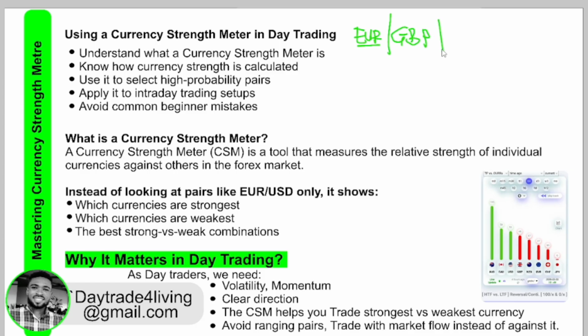We have the Japanese yen, JPY. We have the AUD, and maybe your other local currency. If you're in Nigeria, the Nigerian naira. If you're in Kenya, I think the Kenyan shilling. If you're in Ghana, Ghanaian cedis, and so on. So these are currencies. But in forex trading, we trade major currency pairs.